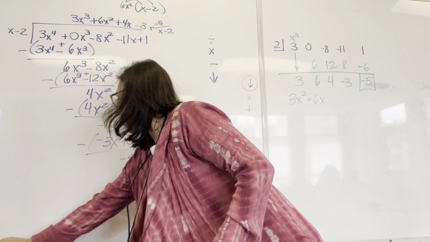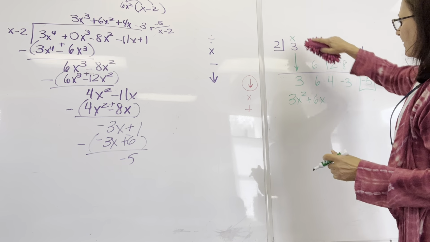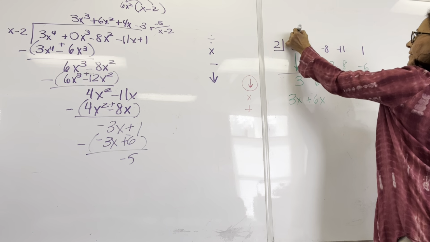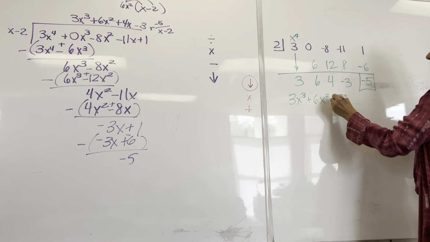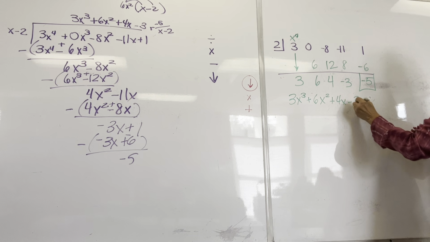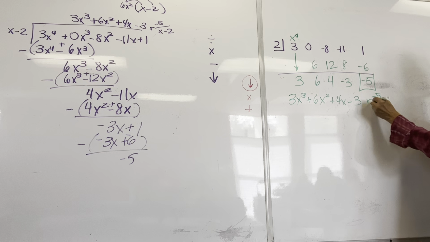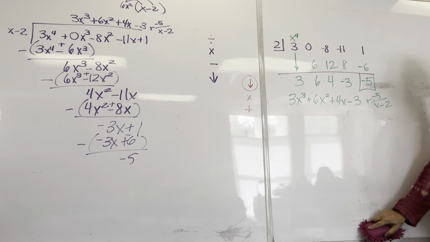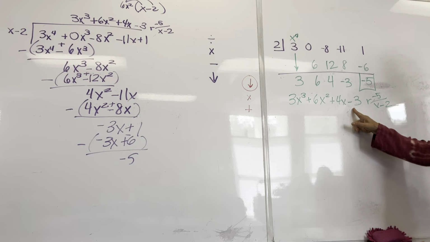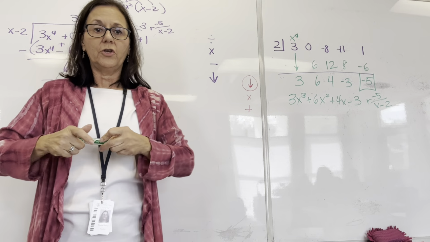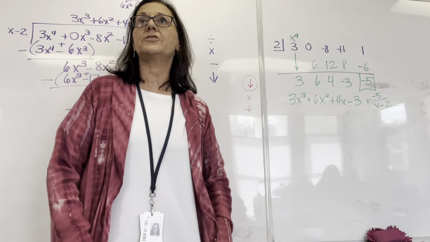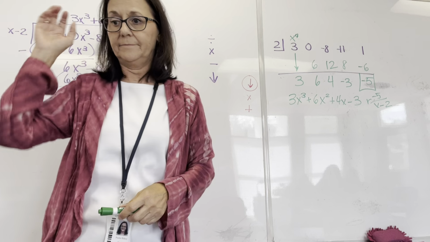All right, we started with x to the 4th. 3 goes with x cubed, so it's 3x cubed plus 6x squared plus 4x minus 3. Remainder of -5 over x minus 2. We get the same exact answer. You see? Same exact. Use synthetic division if you can.